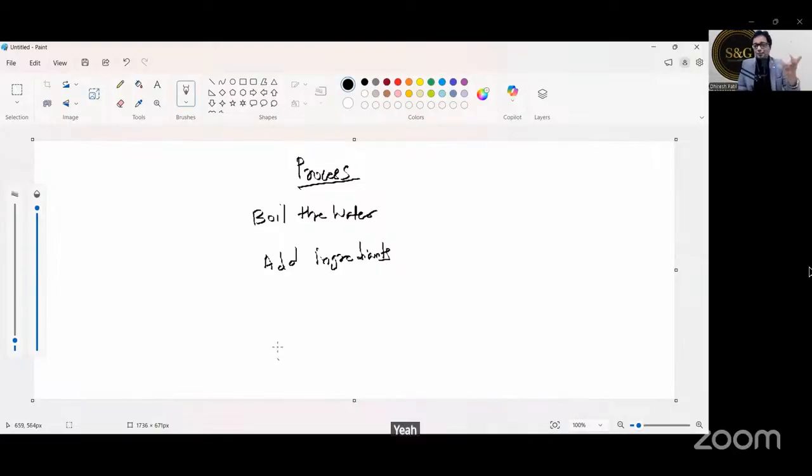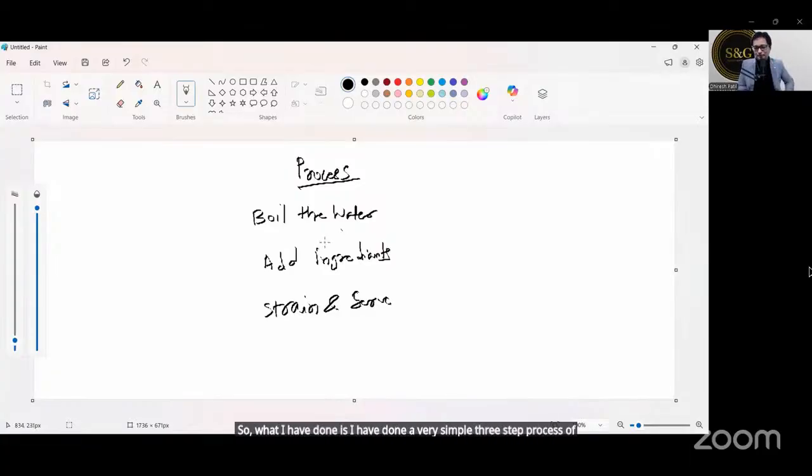After that, what do we do? We have added everything, sugar added. Okay, strain and serve, right? Very simple. So I have done a very simple 3-step process of making a cup of tea.